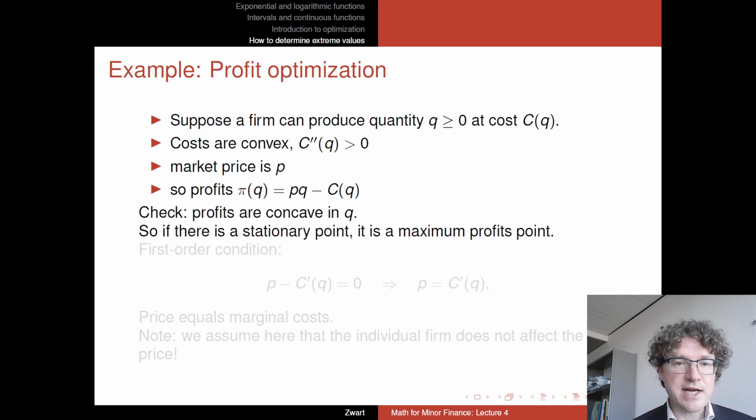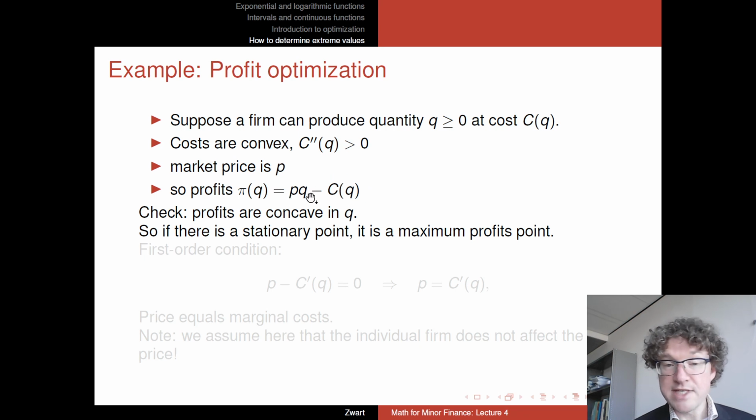So now if we check, profits are actually going to be a concave function in Q. Why is that? Concave means the second derivative is going to be negative. Can we verify that? Well, what's the second derivative of this function pi of Q? The first term: if I take the first derivative, I'm just left with P, a number. If I take the derivative of a fixed number, that gives me 0. So the second derivative of the first term gives me 0.